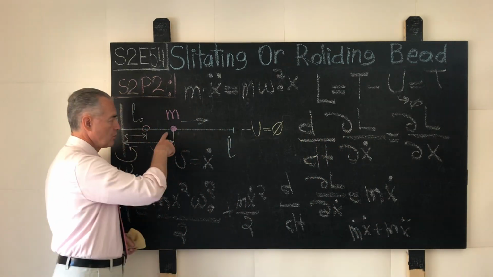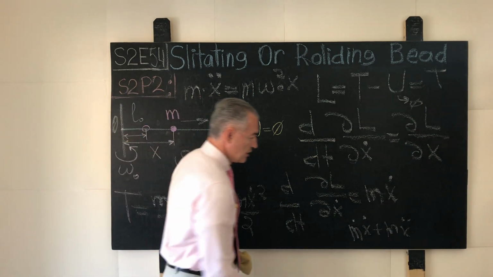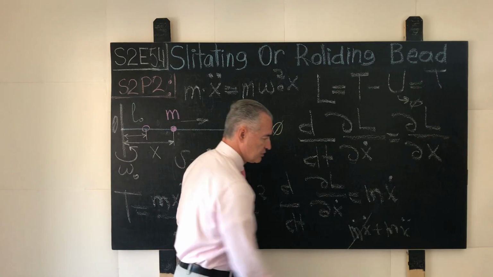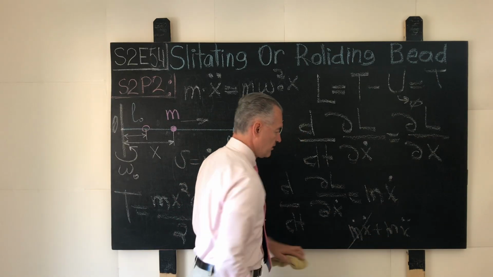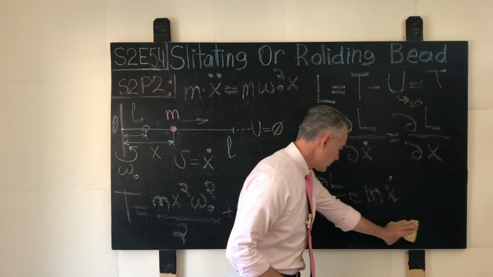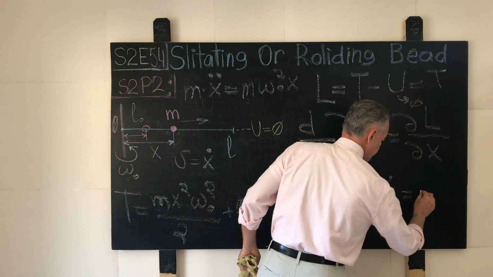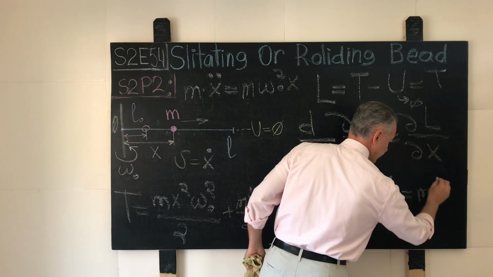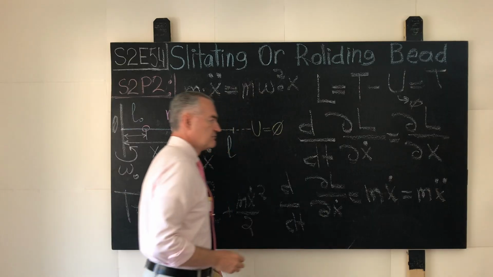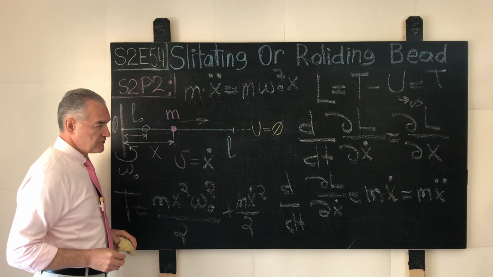But the mass of our bead remains constant at all times. It's one and the same. So this term disappears, and we only have left m x double dot, the second derivative of x, the horizontal displacement of the bead, with respect to time. That much is straightforward and should be understood by everyone.